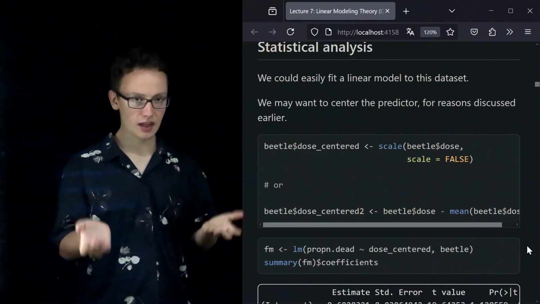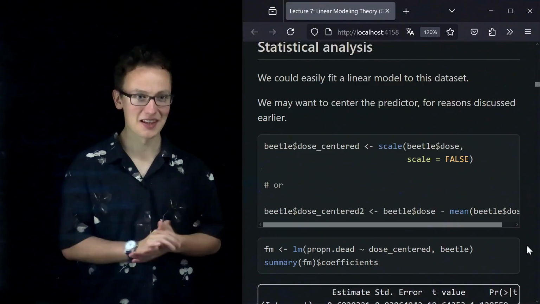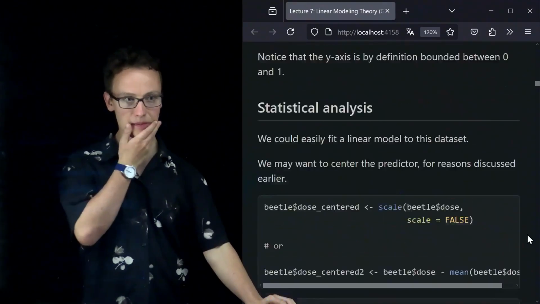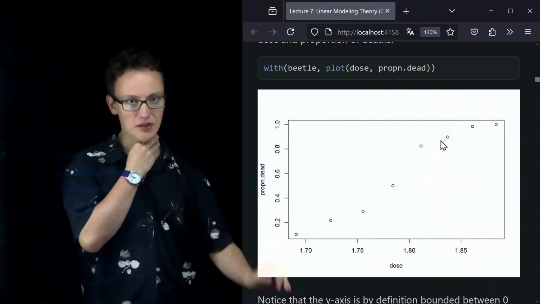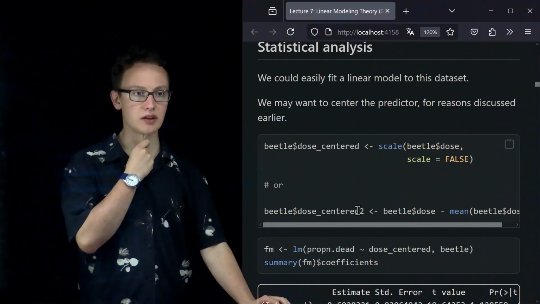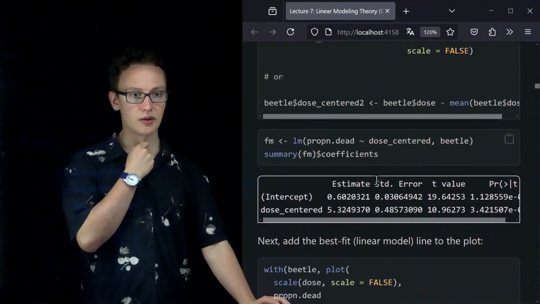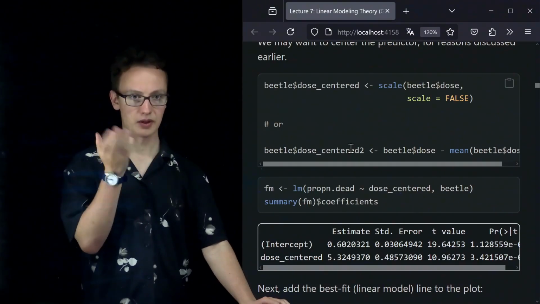So if we wanted to approach this with the tools we have so far, like linear models, we could say, okay, let's look at this plot. I can try to find the best fitting line here, right? So why not just do that? I mean, isn't that a good idea? So we could take our predictor, the dose or the center dose, depending on if I want to center it or not.